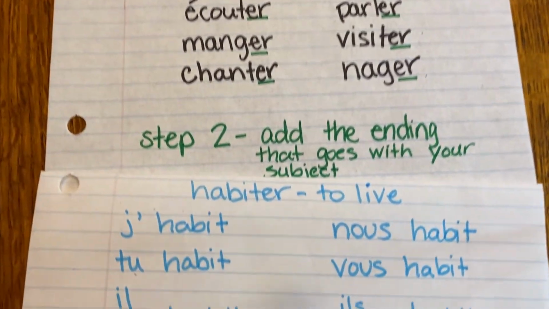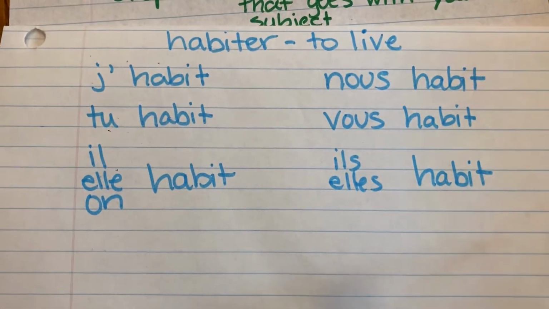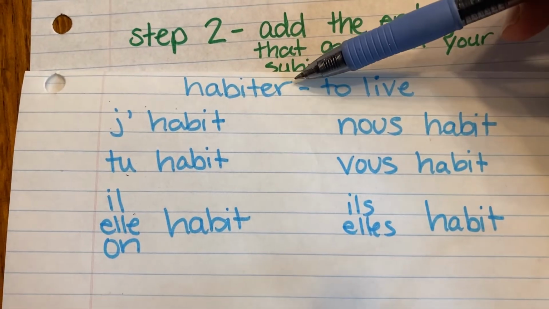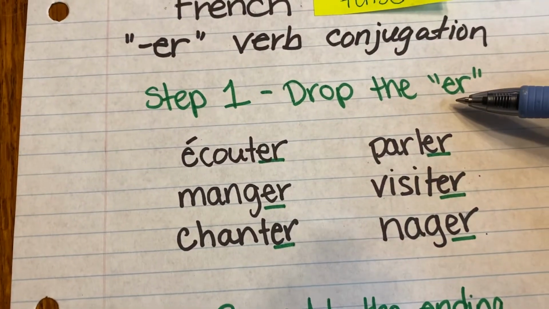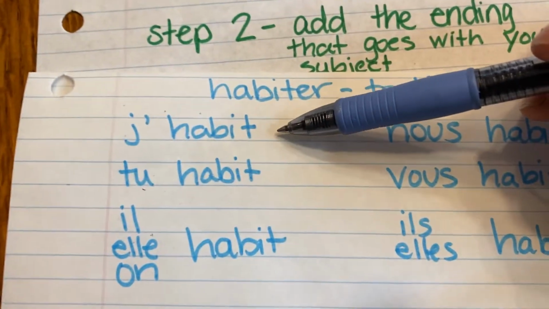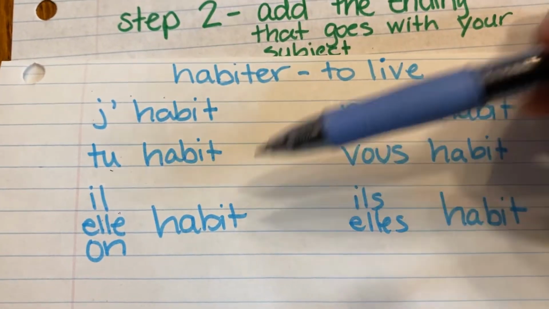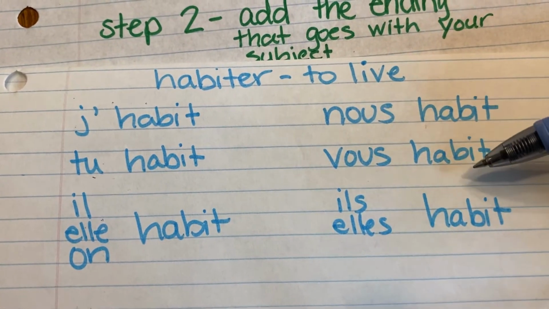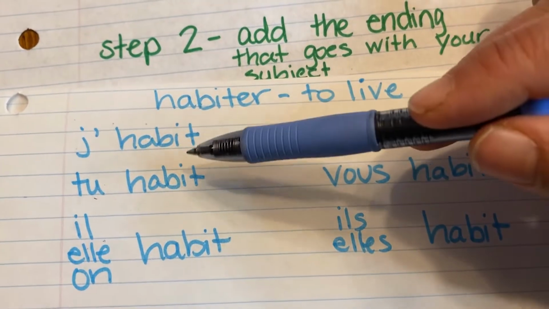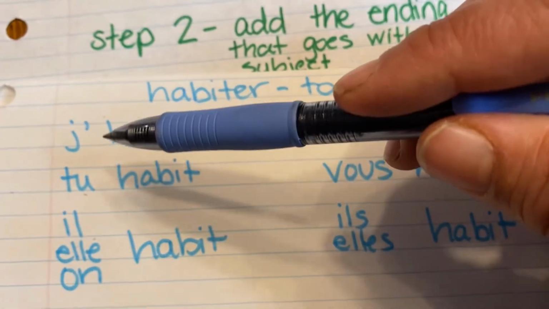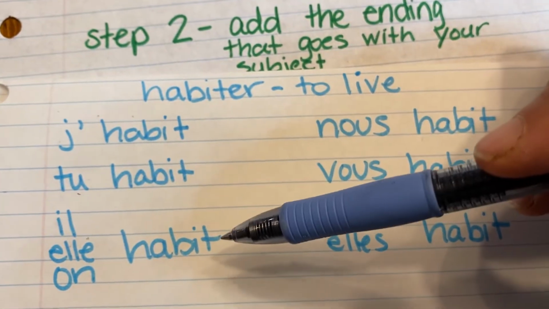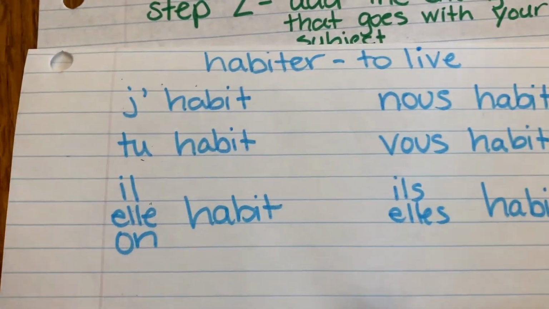So let's put this into practice. If I want to conjugate the verb habiter, to live, step 1 was drop the ER. So I'm going to drop the ER, and you can see I've gone ahead and written this out for you guys with the subject pronouns and the verb stem. Okay, now I just have to add my ending.